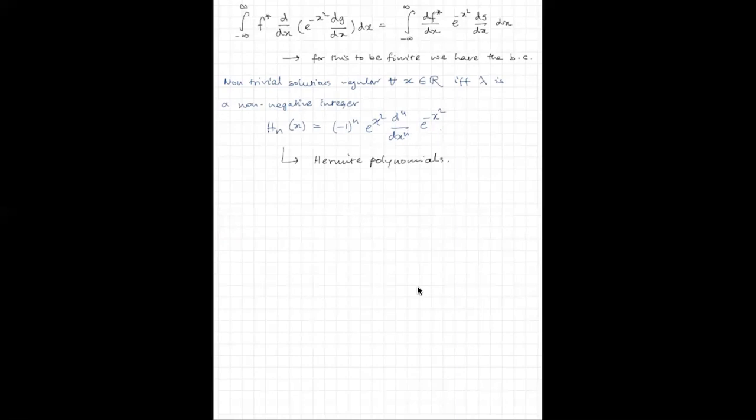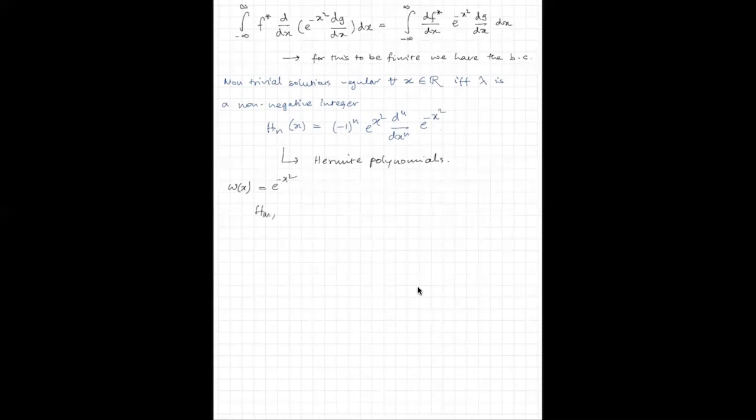Okay. So these are orthogonal with respect to the weight function W of x equal to e to the minus x squared.